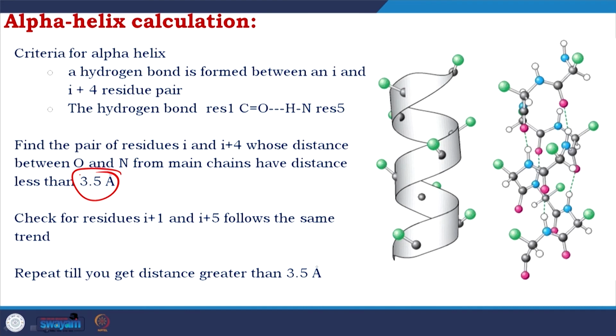If that happens, then you know that the orientation you are going through represents an alpha helix. Just think about it: by only understanding the distance calculation in 3D, you could write an algorithm, a program, to calculate the presence of an alpha helix in a protein or not.